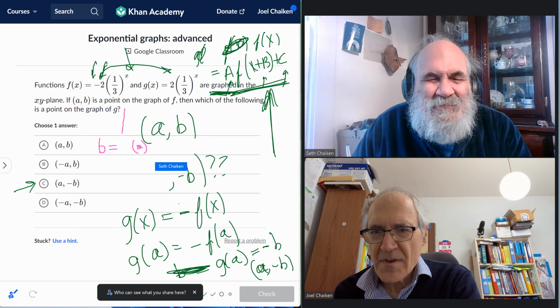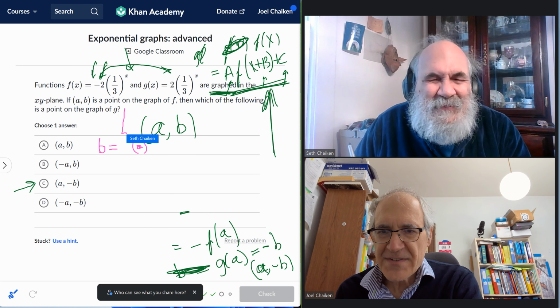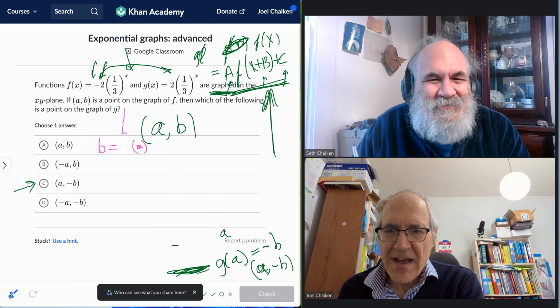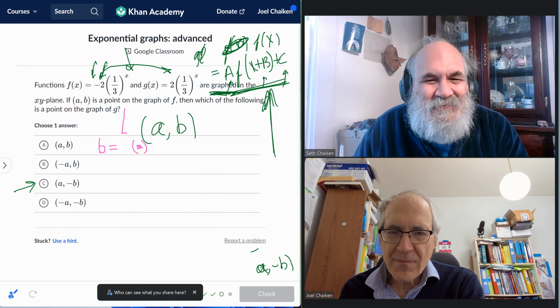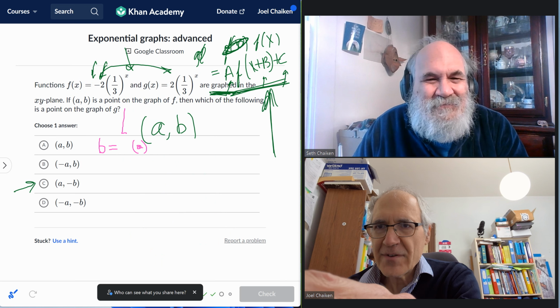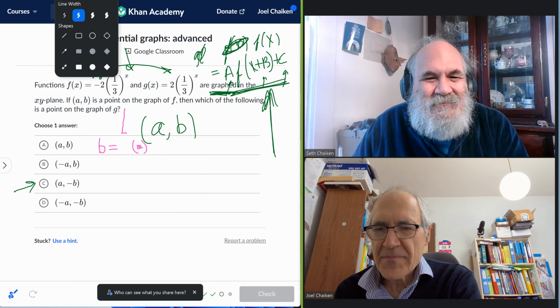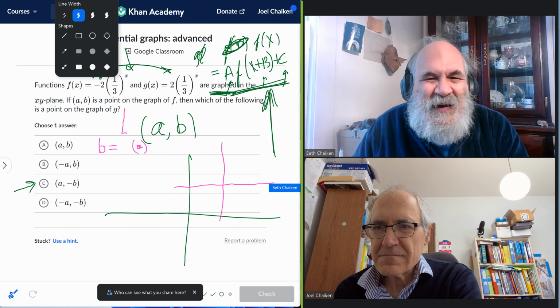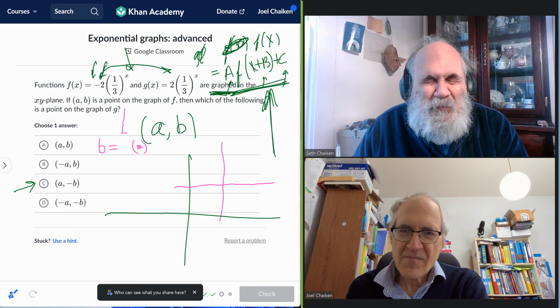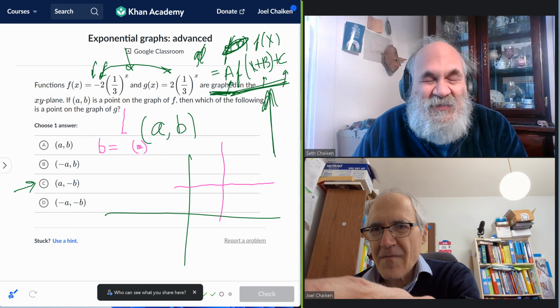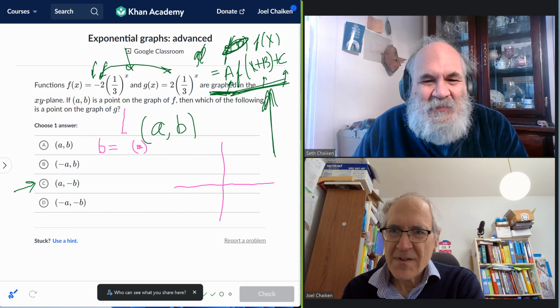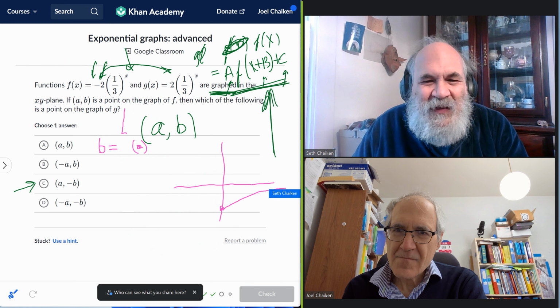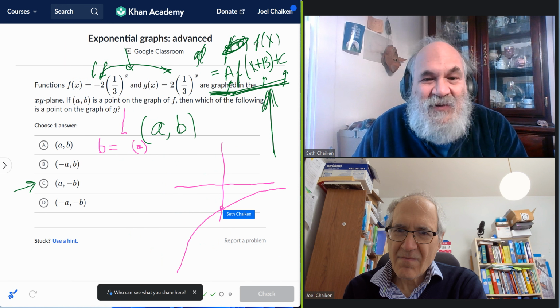Since it's a graph and people have a graphing calculator and may be tempted to graph it, we could look at it from that point of view also, can't we? So F is negative, and it says exponential decay on the positive side and exponential growth on the negative side.